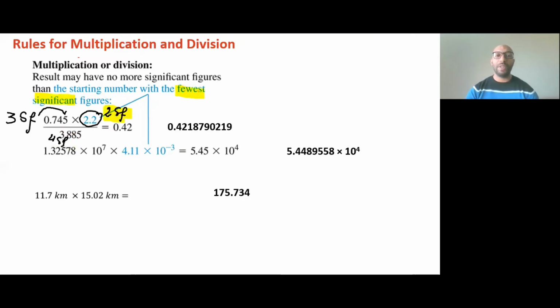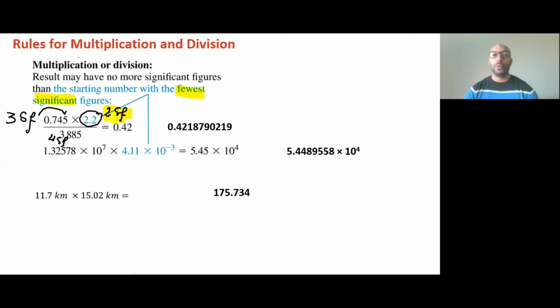So the result from the calculator for this example, 0.745 times 2.2 divided by 4.885, is equal to 0.4218790219.